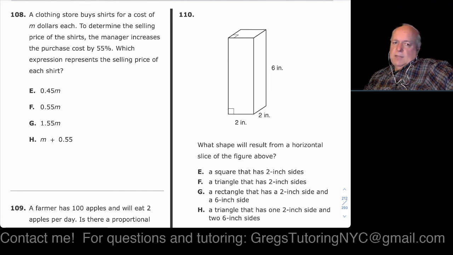When you go look up the answer in the handbook, it defines this as the right rectangular prism, but I don't find that that's here. So it says, what shape will result from the horizontal slice of the figure above? They don't tell us what the figure above is.